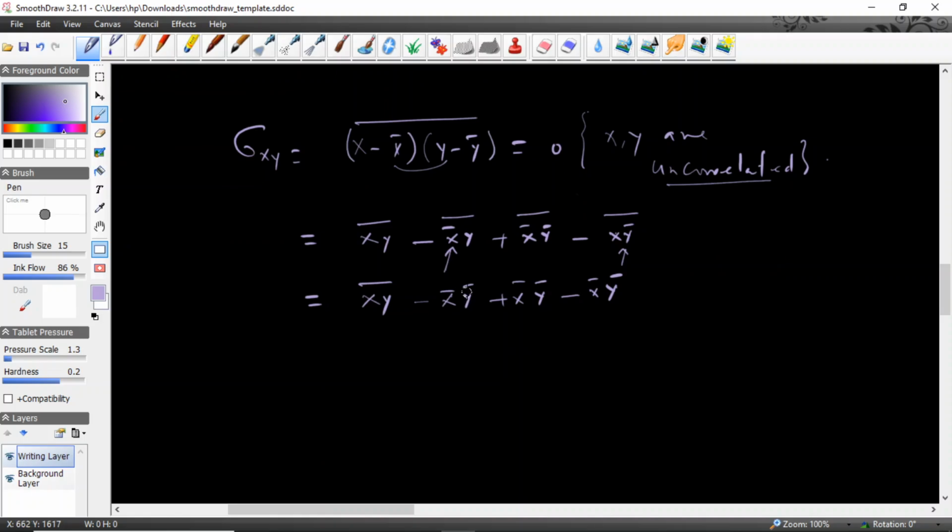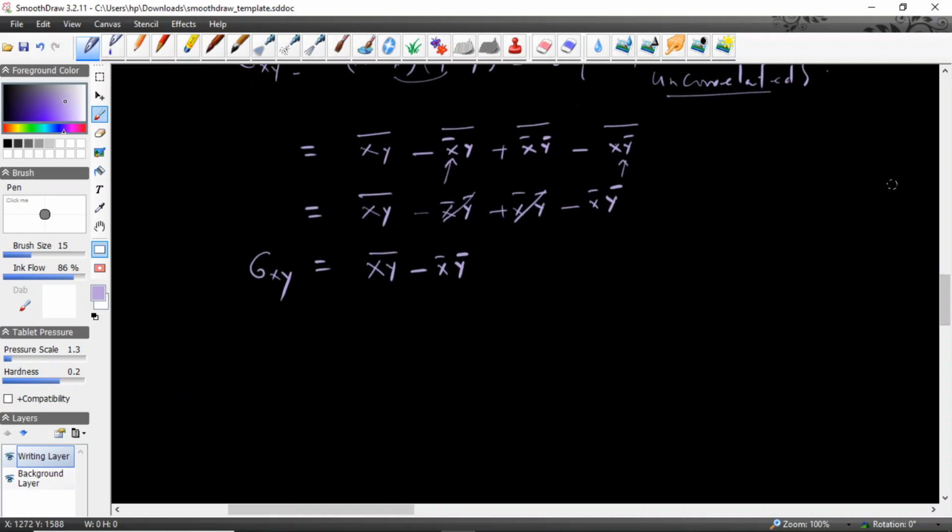So one of these two terms will cancel each other, you will get x y bar minus x bar y bar. This is the covariance of x and y.